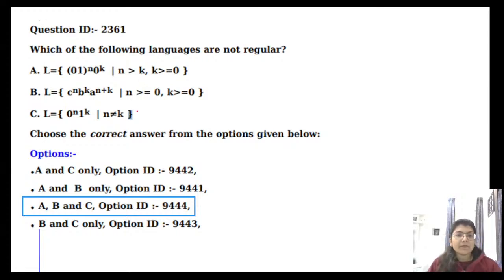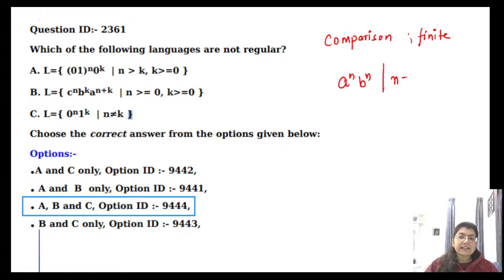Why? Because when we discussed these types of questions, I told you that even if there is a comparison, if the condition is finite, for example a raised to power n, b raised to power n with the condition that n is equal to 5 or n is less than 5, though there is a comparison, the conditions are finite, so I will say that this is a regular grammar.